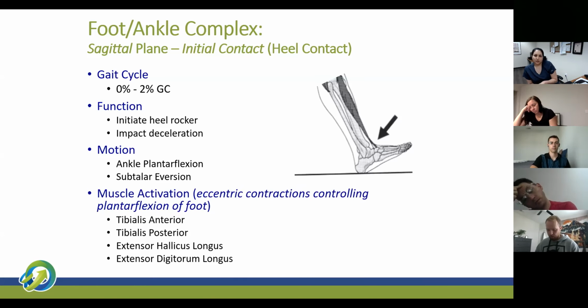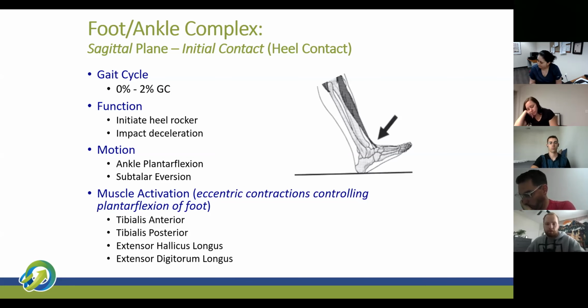To control the tibial advancement, you're going to need eccentric control. That's what helps gradually control the foot to have contact on the ground with the ground reaction forces. The eccentric control comes from your tibialis anterior, your tibialis posterior, extensor hallucis longus and extensor digitorum longus.